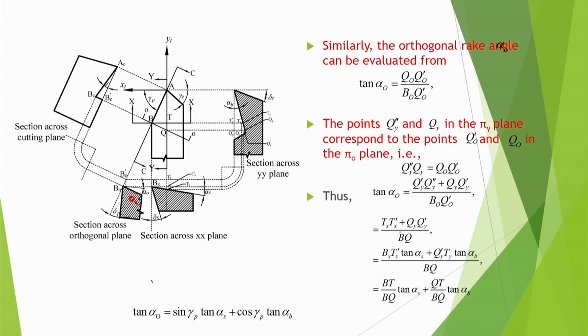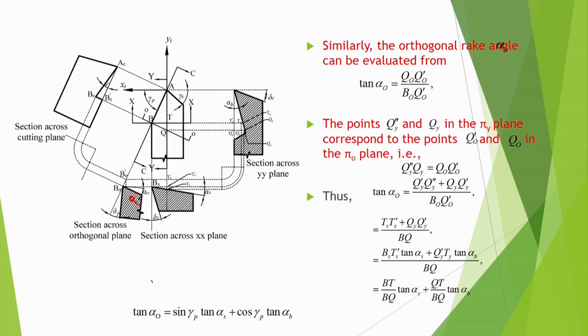Now here tan alpha 0 will actually be equal to Tx into Tx prime in this view. If we say that this is Tx prime, and this will be Qy prime, and B0 Q0 prime can basically be written as B0 Q0.